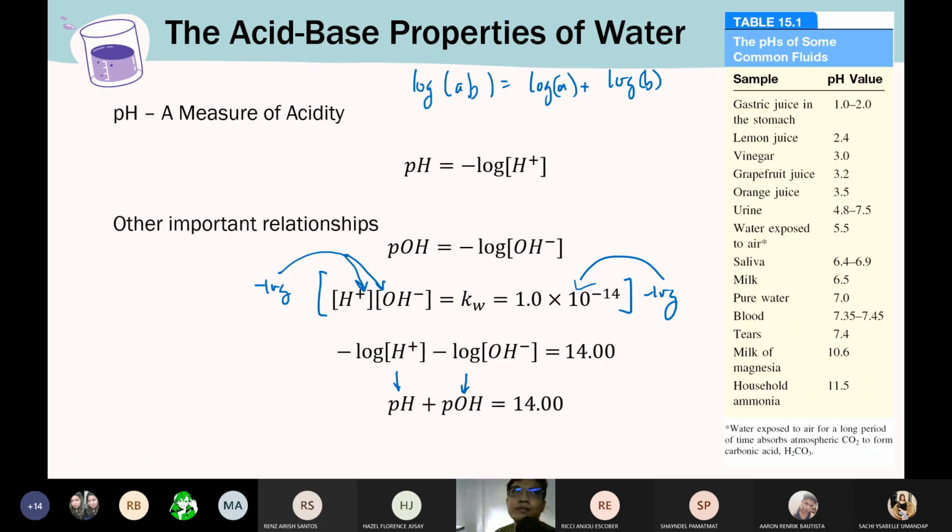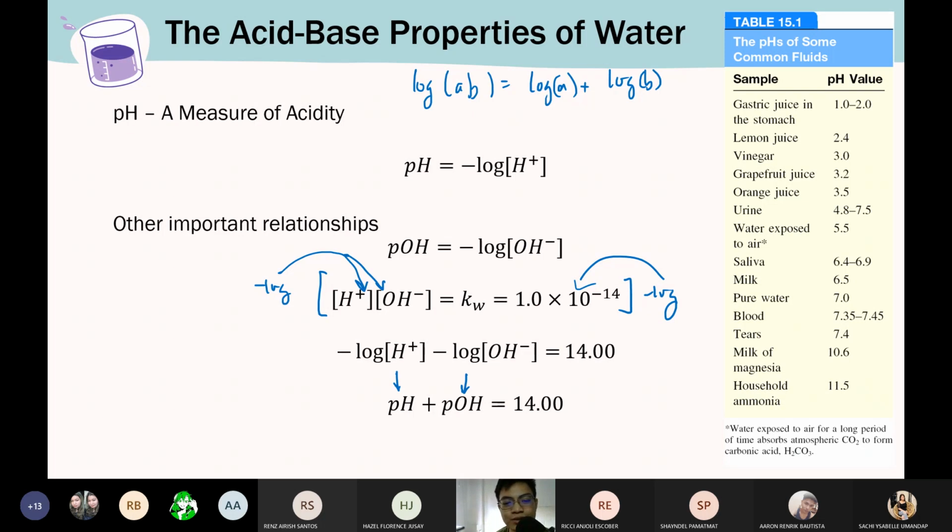Okay? However, there are some compounds that exceed pH 14. Kaya minsan may less than 1 pa nga na value. So those compounds are strongly acidic or strongly basic na.